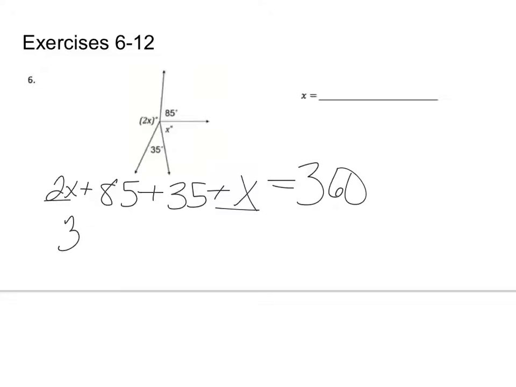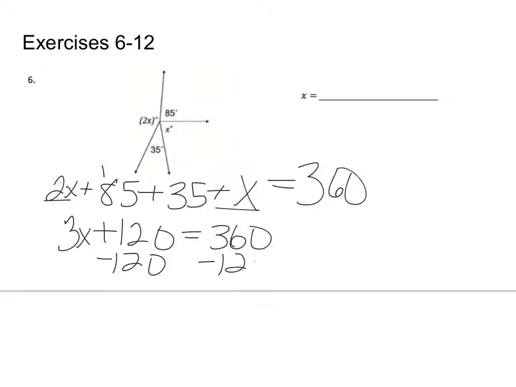Okay, let's collect like terms. 2x plus x is 3x. 85 plus 35, let's see, that's 120, equals 360. Subtract 120 from both sides. Divide both sides by 3.